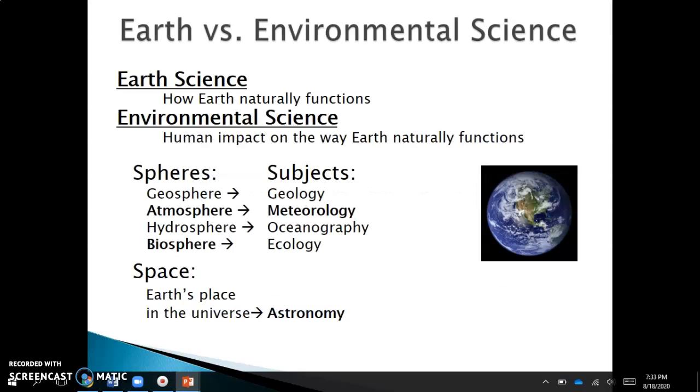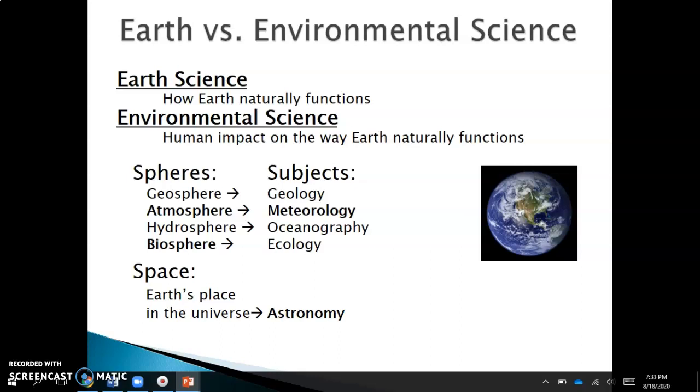So first, let's talk about Earth versus environmental science. Now, you might hear those things and think that they're the same thing, but there's actually a distinction. So Earth science is how Earth naturally functions. So we're looking at plate tectonics, the weather, natural phenomena. Whereas environmental science studies the human impact on the way that Earth naturally functions.